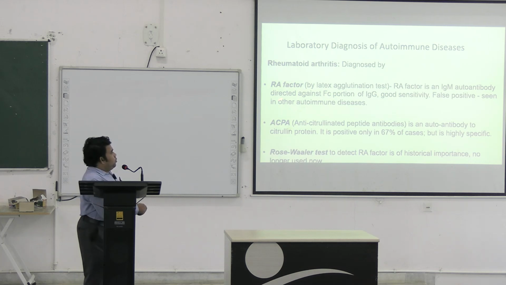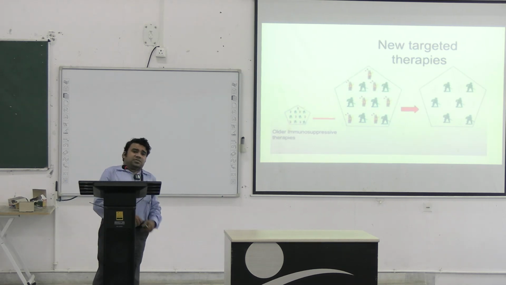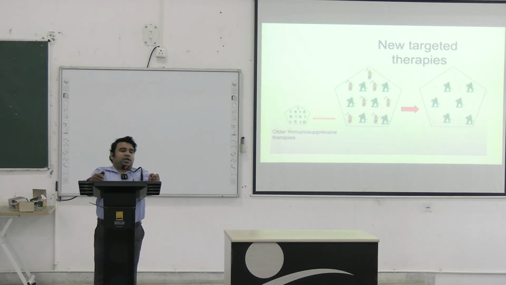In rheumatoid arthritis, we can detect the RA factor, anti-citrullinated peptide. And in many of the diseases, especially mediated by the T cell immune response, the antibody detection will not help, rather biopsies will show the presence of the cytotoxic activity of the cells, thereby leading to the diagnosis.